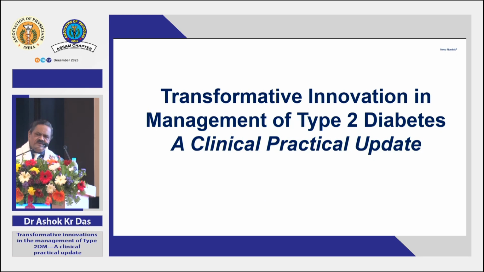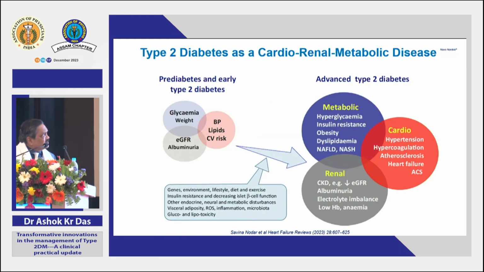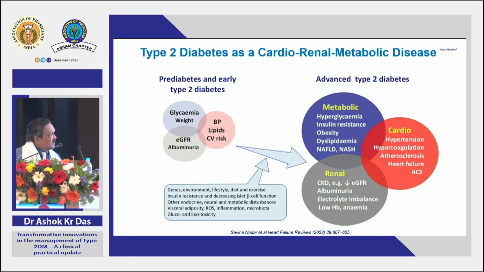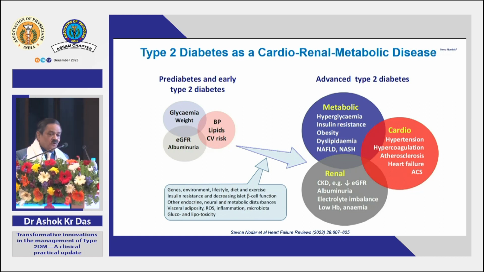So dear friends, from the lessons we learned from this study, and what we have learned for the last 35 years, I'm going to present my talk on that. Dear friends, number one, the first transforming innovation: today we know type 2 diabetes as a cardio-renal metabolic disease, CRM disease. And pre-diabetes, or people don't call it pre-diabetes as it gives a sense of complacence, call it early diabetes.